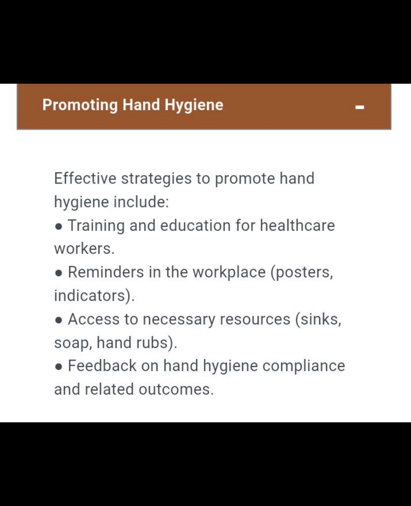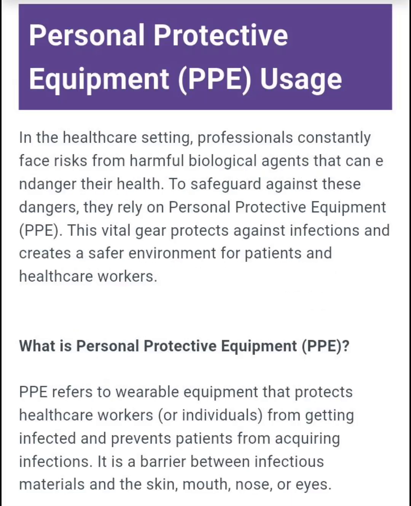Not only should we train and educate them and provide the resources for them to wash their hands, we should also ask them daily whether they washed their hands and what happened so far since they began to wash their hands daily. This will help them and give them a reason why they should take hand washing seriously.